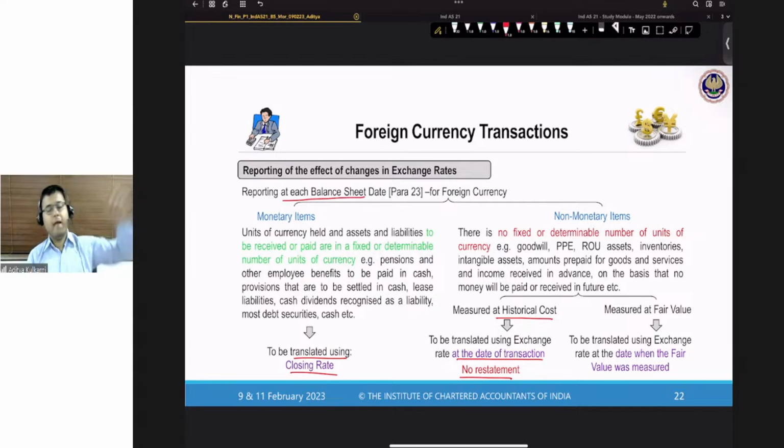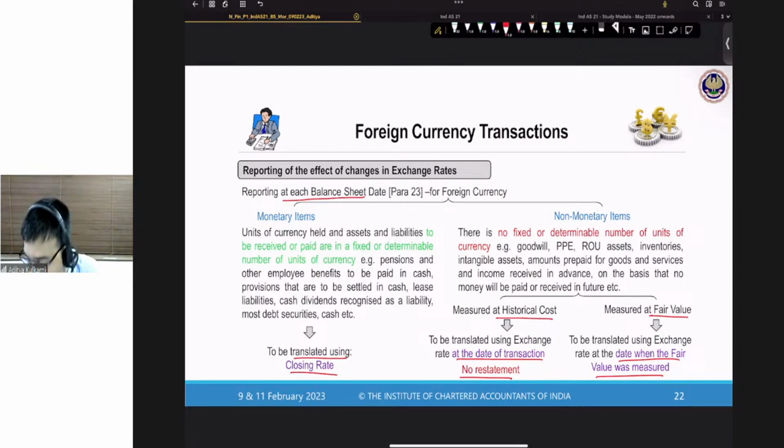So the rate of the first day, the same rate continues even after time has lapsed. The same cost will continue. However, if you follow the fair value model, you will translate using the exchange rate at the date when the fair value was measured. So it's exactly what you used to do in AS11.